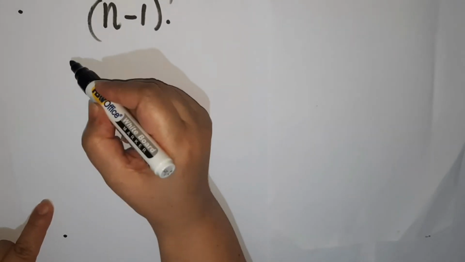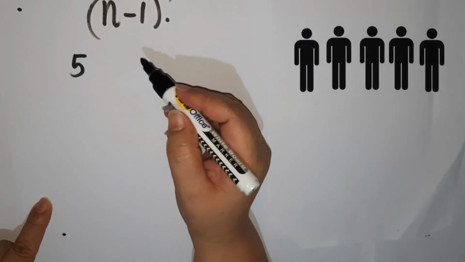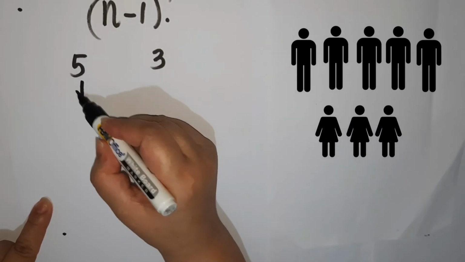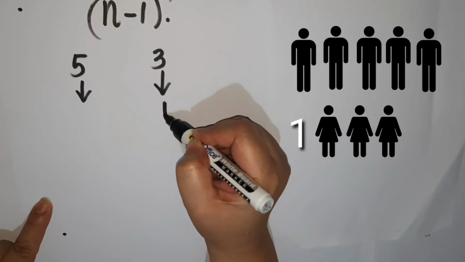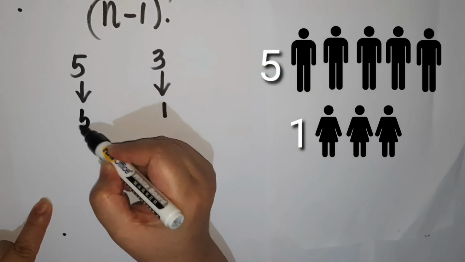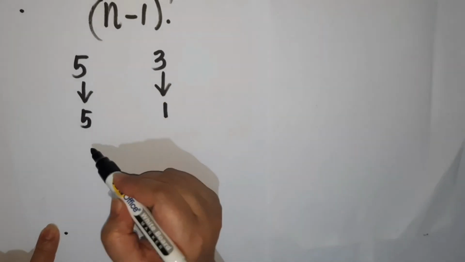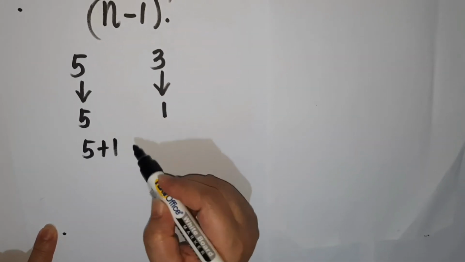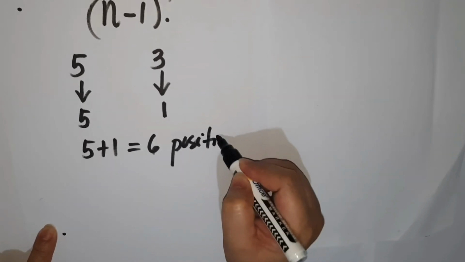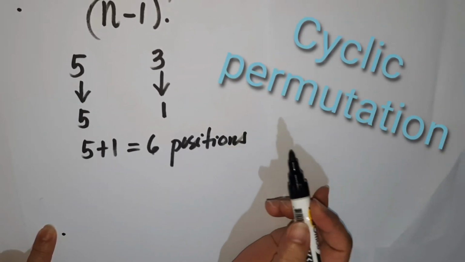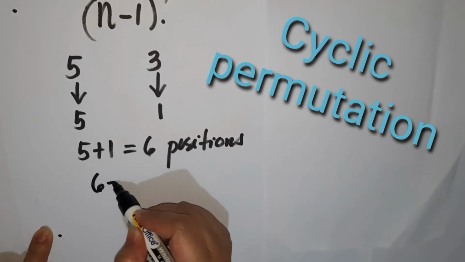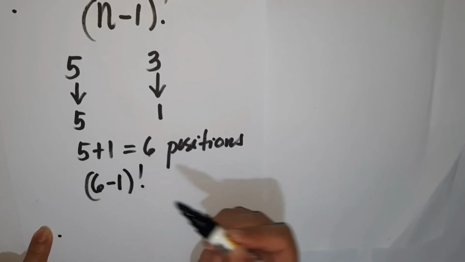In the problem, there are 5 boys who will take 5 different positions and 3 girls who will take 1 position because they will sit together. These 5 boys will have 5 different positions. So in all, we have 5 plus 1 equals 6 positions in all. But since this is a cyclic permutation, then we have to write 6 minus 1 factorial.